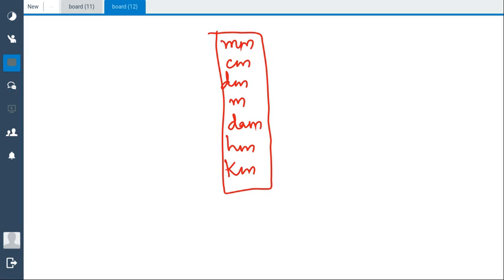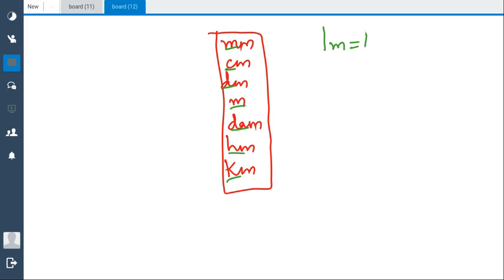This is very, very important. Milli, centi, deci, meter, deca, hecto, kilometer. What does this mean? How do you convert using this? I'll give you an example.